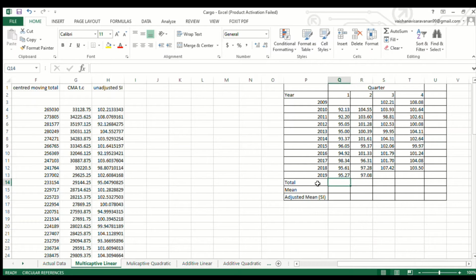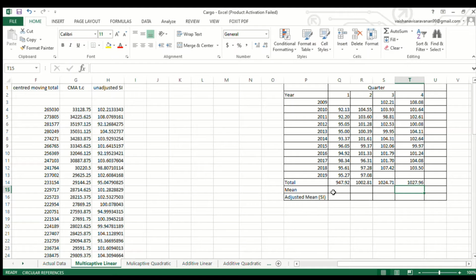Now, we are going to get the total value of each quarter, equal to the sum of this, quarter 2, the sum of quarter 3, and the sum of quarter 4.